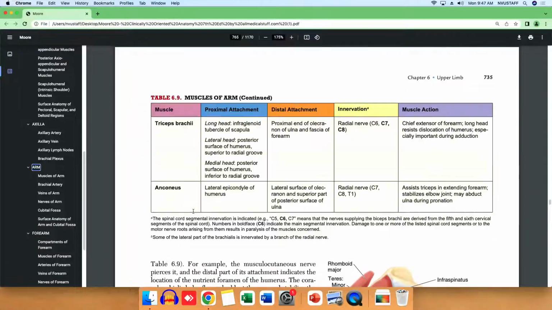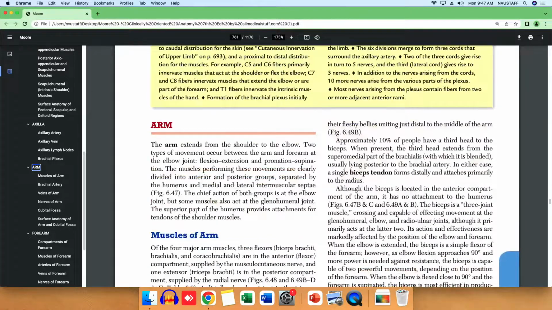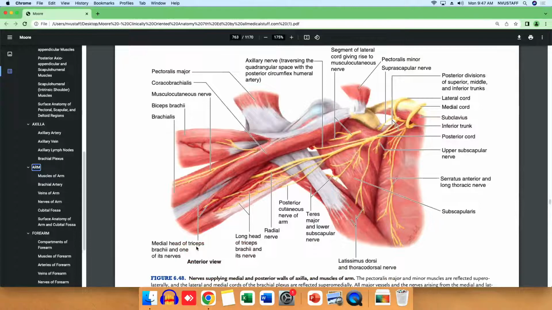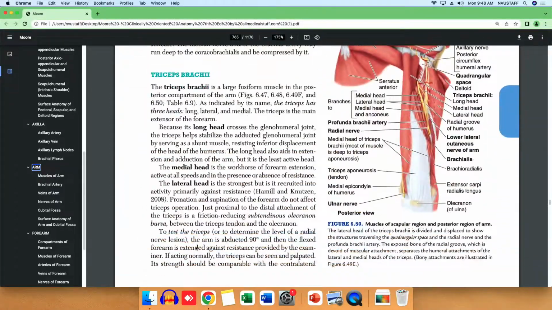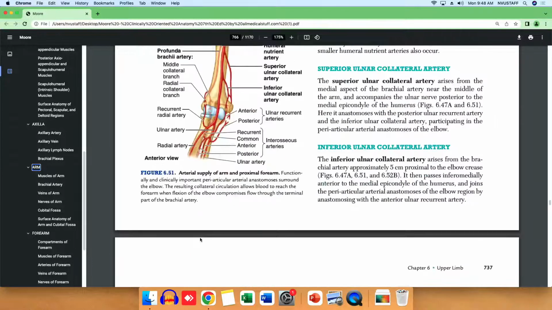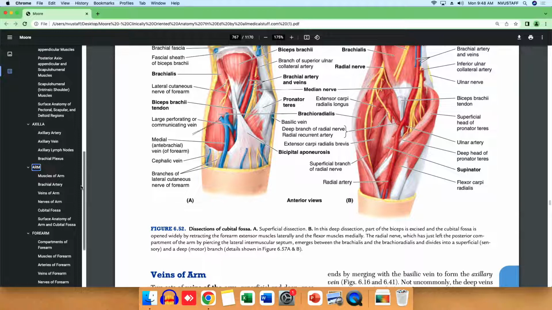In this particular part of the chapter, I will need from you the beginning of the arm, the muscles of the arm, all of the subdivisions here. Everything is needed, till the brachial artery. I don't need the arteries and the blood supplies, which you can find here. So that's how it works.